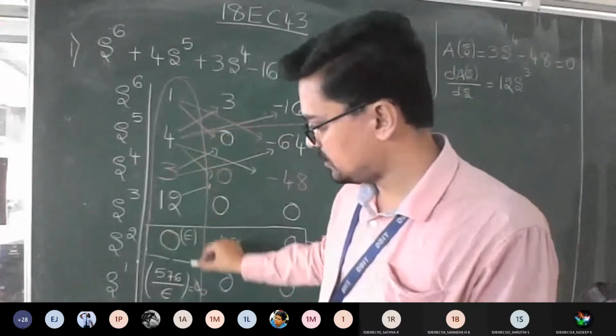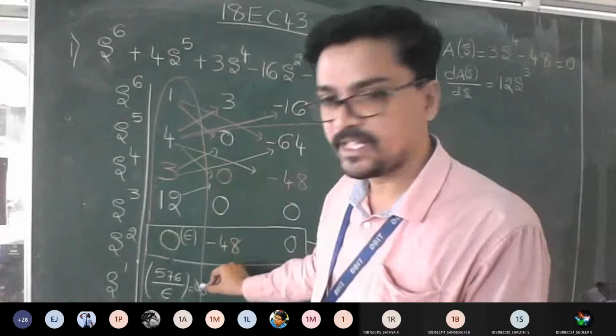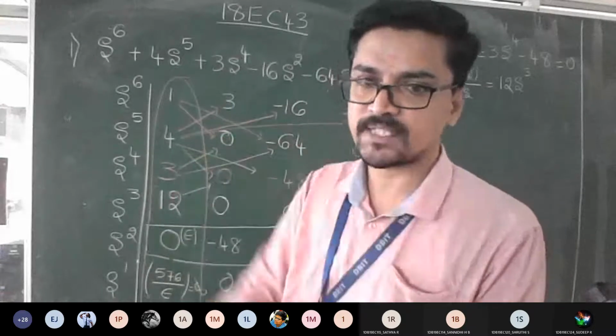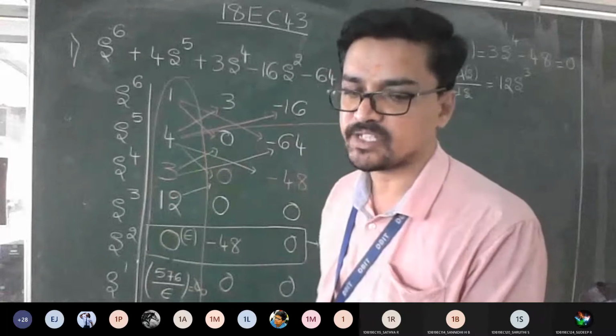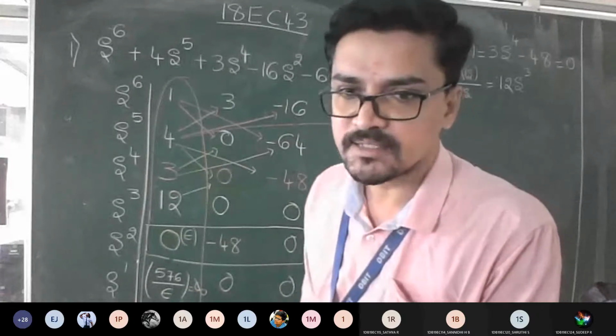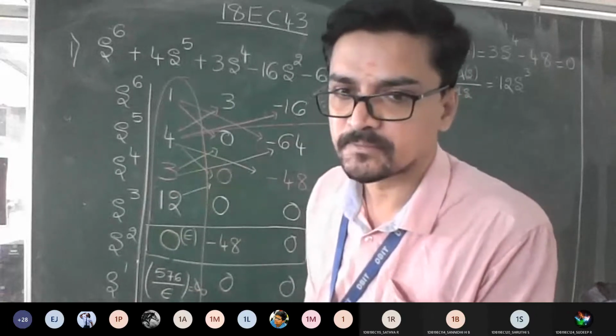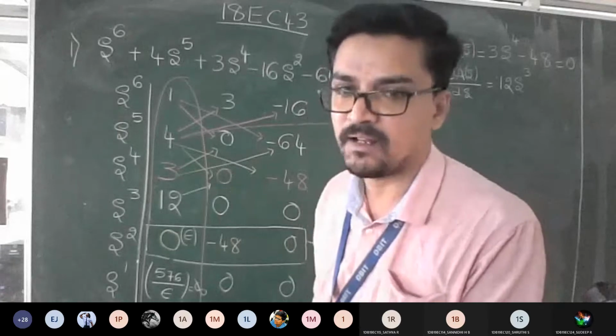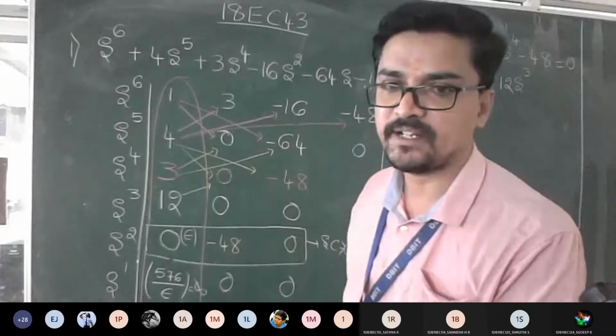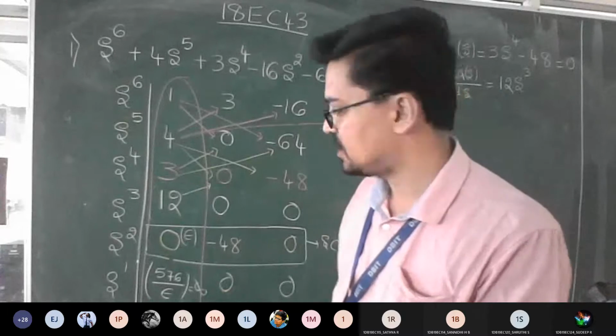Here, plus infinity to minus 48 is the only one sign change, correct? So since there is one sign change, we can call the system unstable. Even if we find any sign change, we can judge.